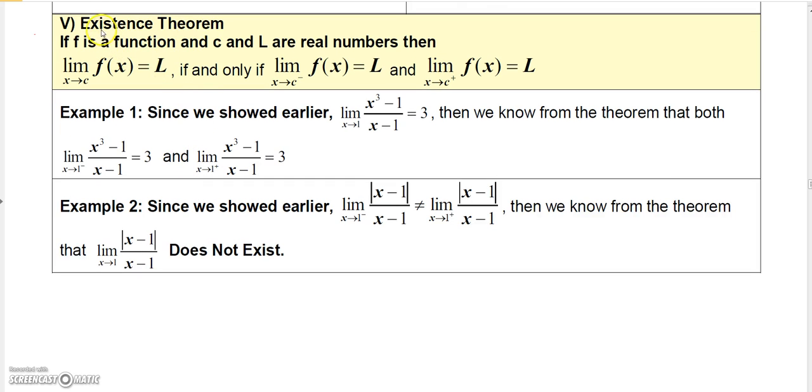Okay, so the existence theorem for limits basically works like this. If f is a function and c and L are real numbers, then the limit of f of x as x approaches c equals L if and only if the limit of f of x as x approaches c from the left is L and the limit of f of x as x approaches c from the right is L. So basically what that says is that if this is true, then both of these are true.